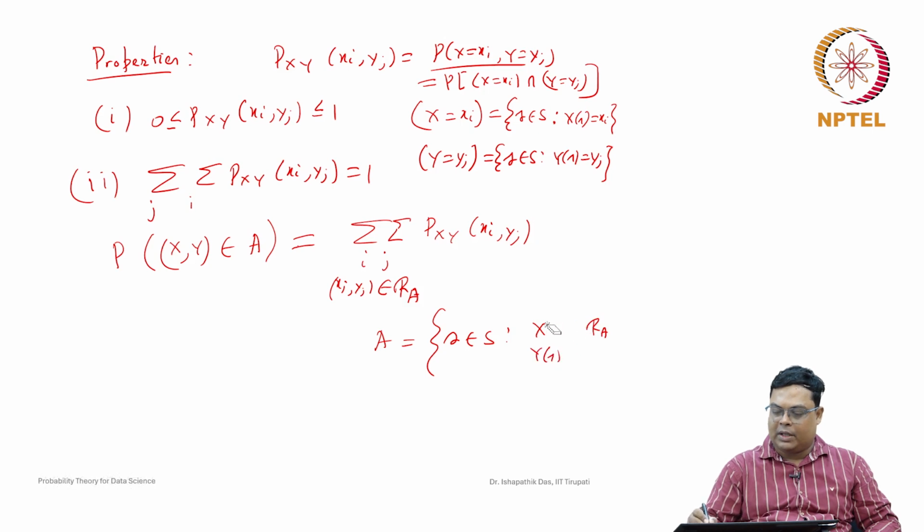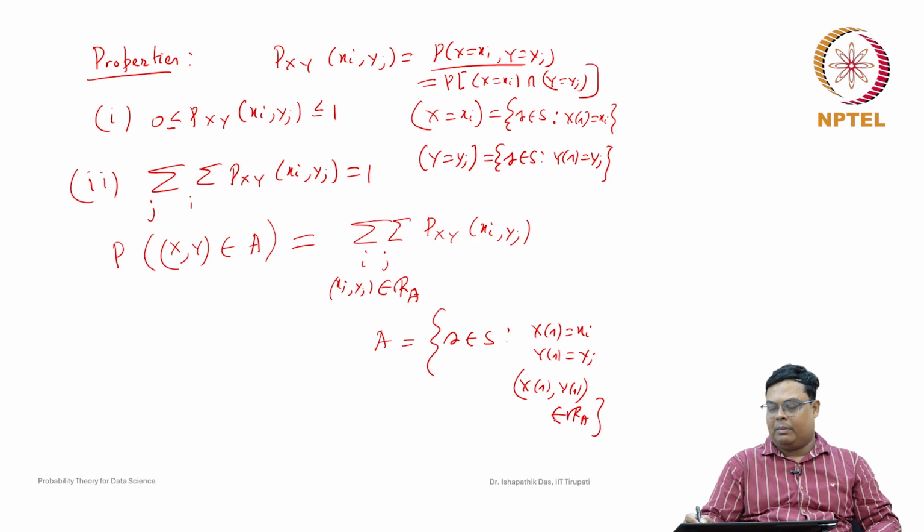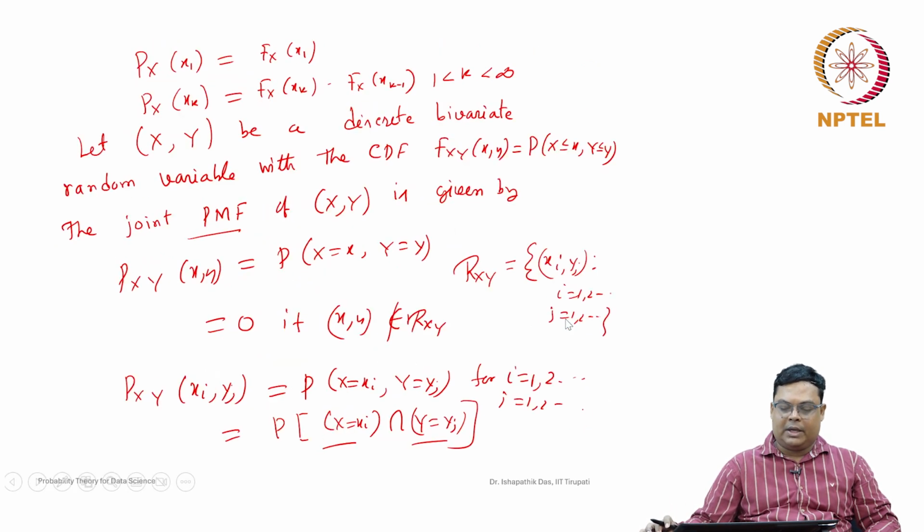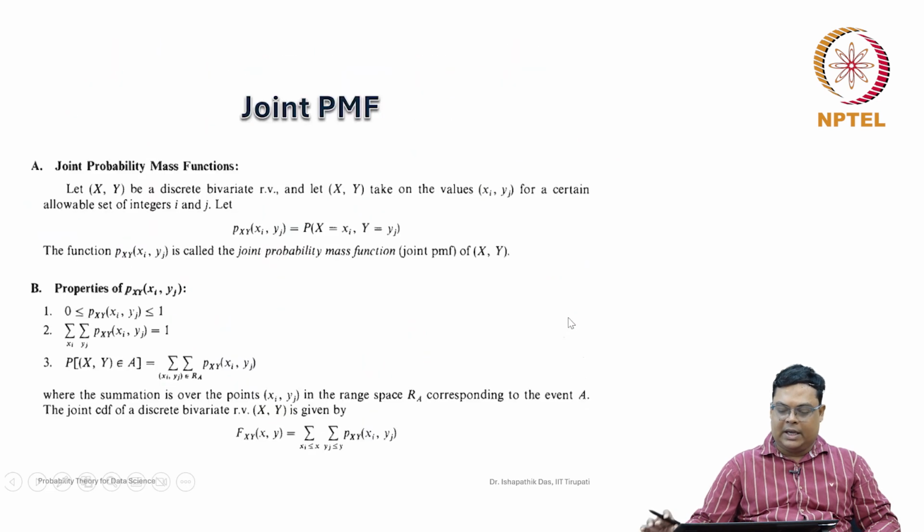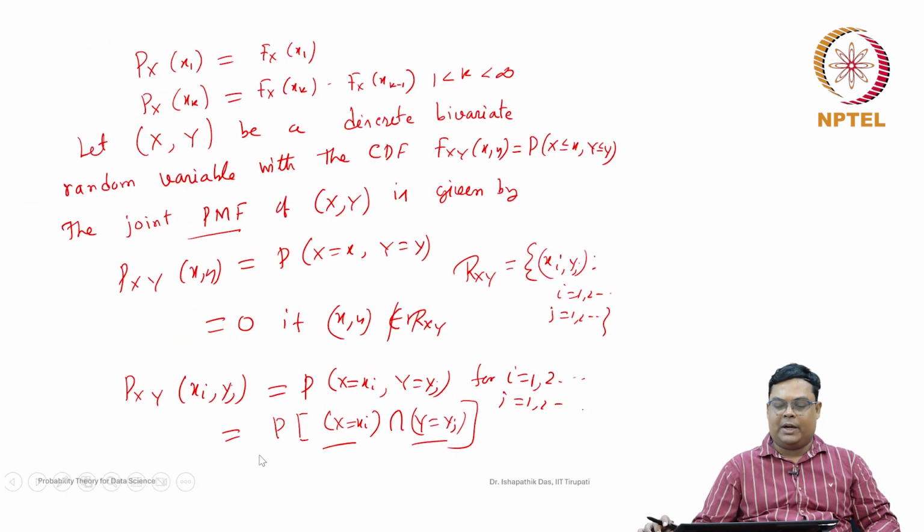In a different way we can write, sorry, X(s) is equal to x_i, Y(s) is y_j, and then the pair (X(s), Y(s)) should belong to A. So, A is a subset of this range space. Now I hope you have understood that, and then we will discuss how we can find the cumulative distribution function if you know the joint probability mass function.